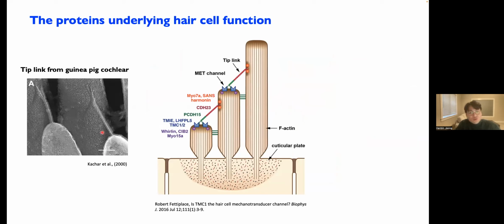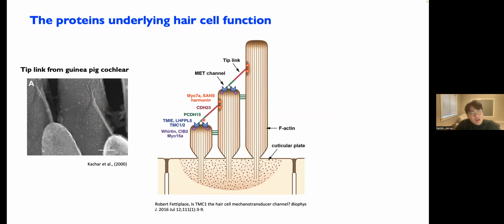This figure shows an electron microscope image of the tip link from guinea pig cochlea, and you can see the connection clearly between two cilia.